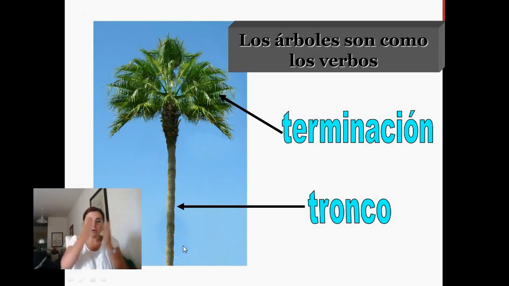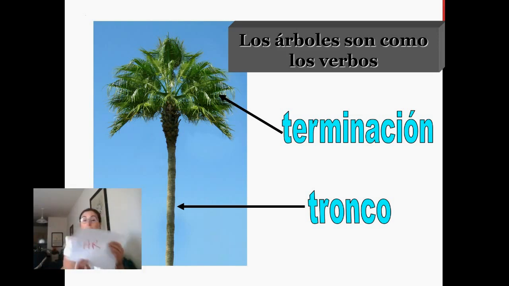They're regular, they're like this. They are not like fat trees or anything crazy with holes in the middle or branches or anything else. This is just, look, that's the stem. And then you have the ending. The ending is different depending on what type of palm you have. So it changes a little bit, but they follow a pattern. And that's exactly what the verbs do.